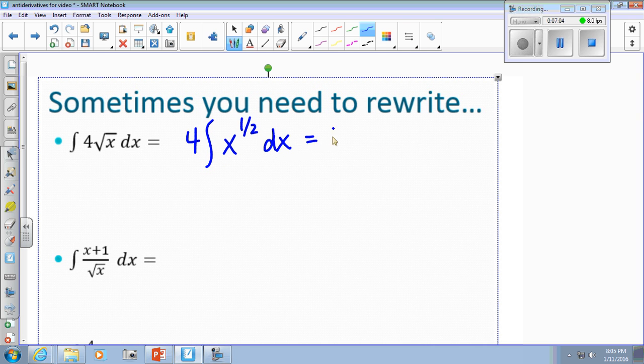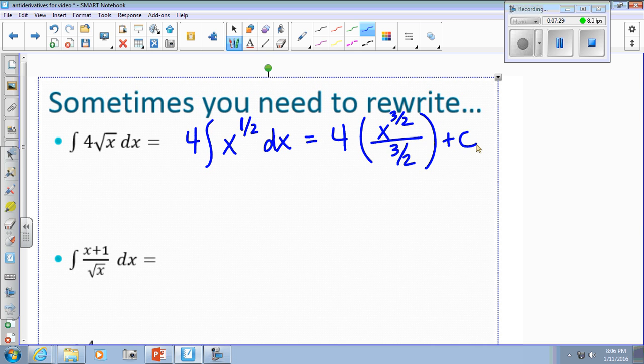Okay, so now the 4 I'm just going to multiply with my antiderivative, and by using my rule, I'm going to add 1 to the exponent and divide by the new power. So when I add 1 to a half, I get 3/2, and I divide by 3/2 plus c.